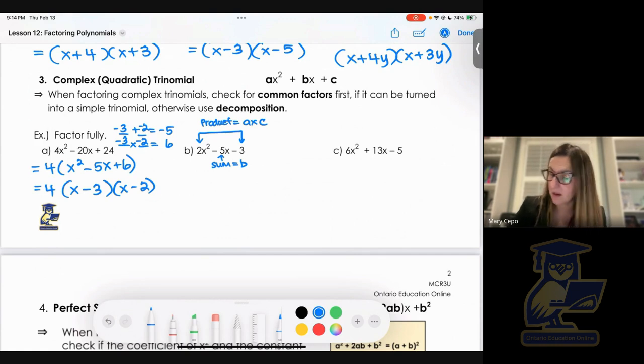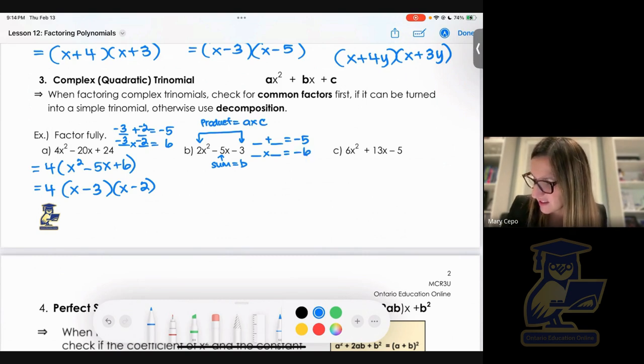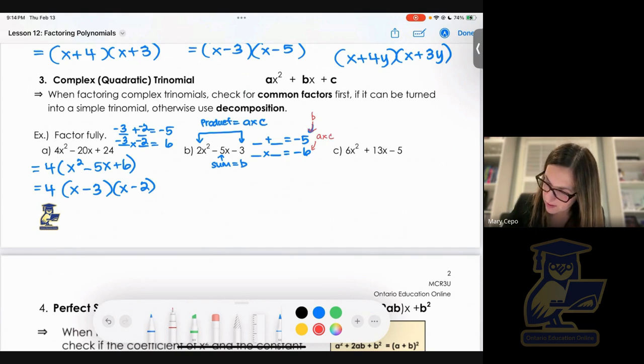So now we have to think of two numbers added together to give you that sum of -5. Okay. And our two numbers multiplied together to give me the product of 2 times -3, which is -6. So keeping in mind, the middle term is my sum, and this is going to be A times C. Keeping in mind, this is ax squared plus bx plus c, complex trinomial.